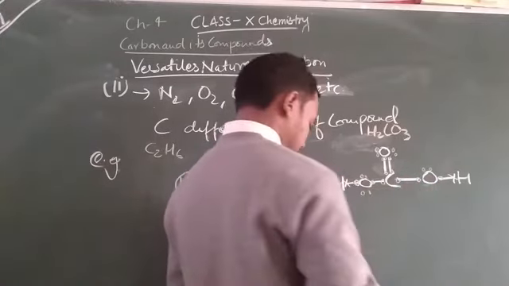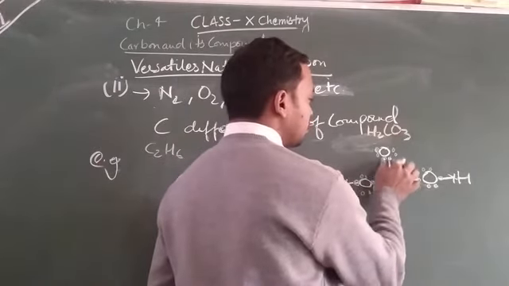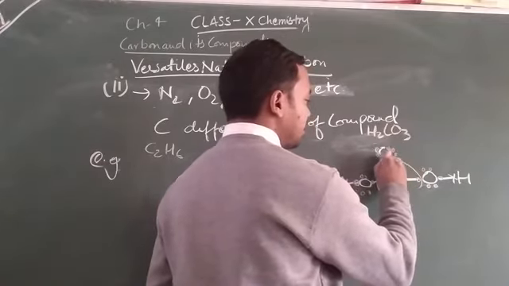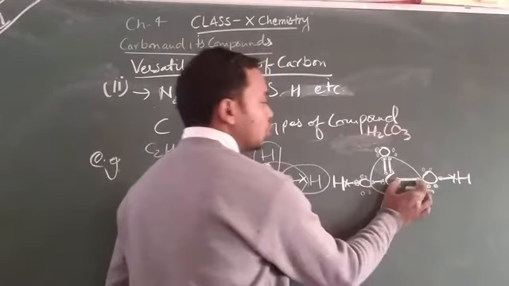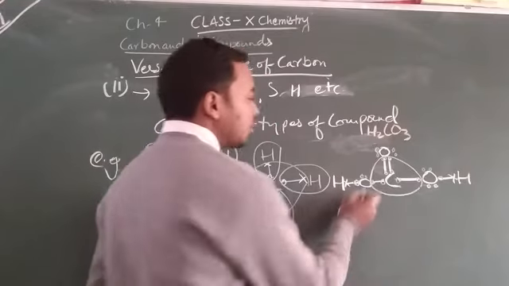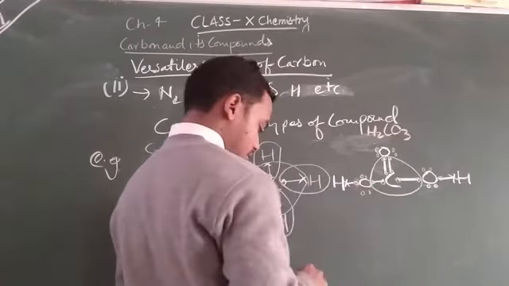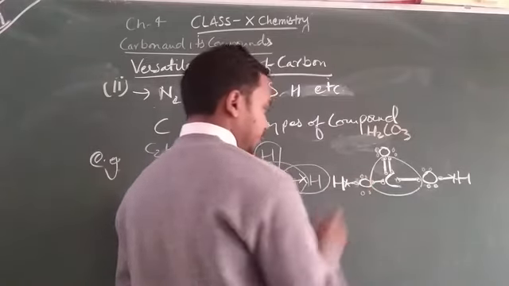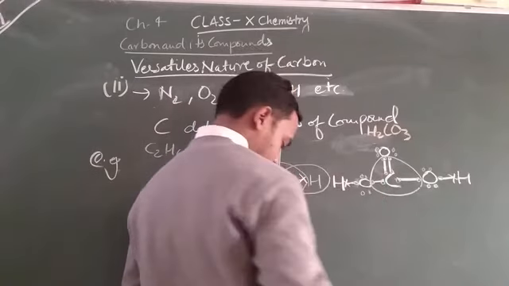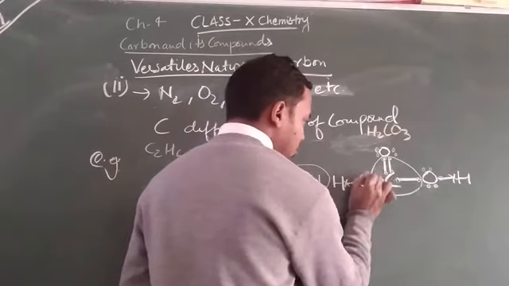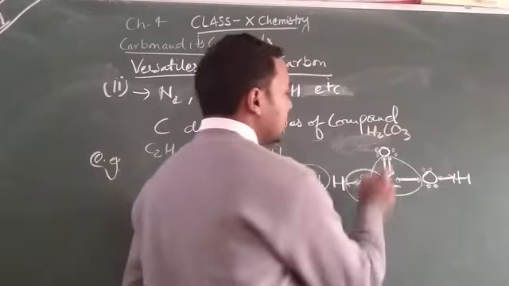Carbon is completed, and there are lone pairs on oxygen. For carbon, 2, 4, 6, 8, the octet of 8 electrons is completed. The oxygen octet is also completed: 2, 4, 6, 8.